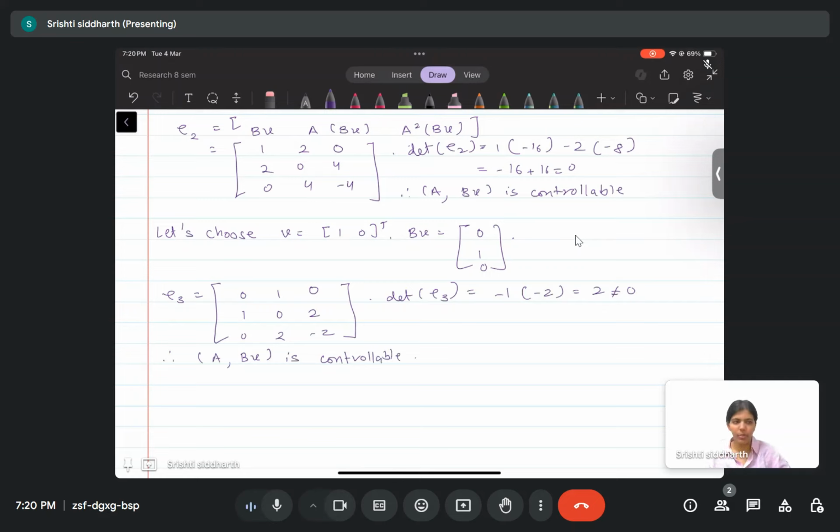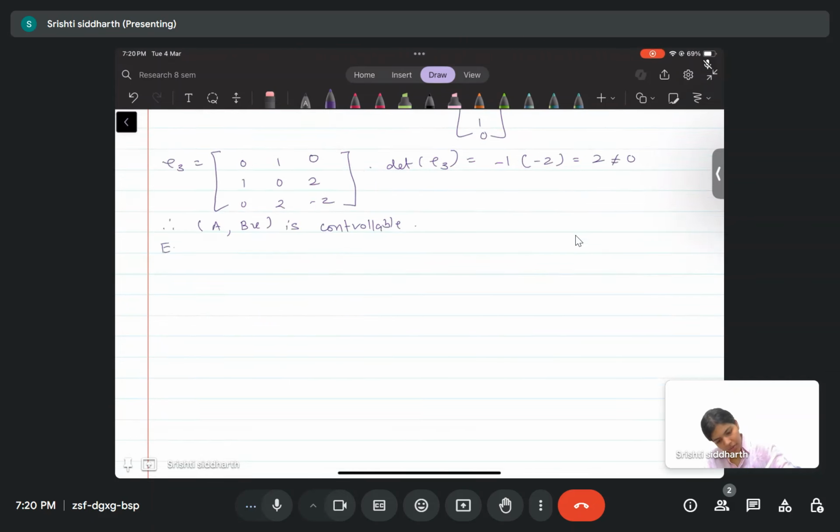Multi-input case into a single input case. And now we have to do the eigenvalue assignment for the pair A and BV. So eigenvalue assignment. So this is going to be A plus BK, and this is going to be BV times K. Okay, so this implies that K is going to be some row vector, K1, K2, K3.